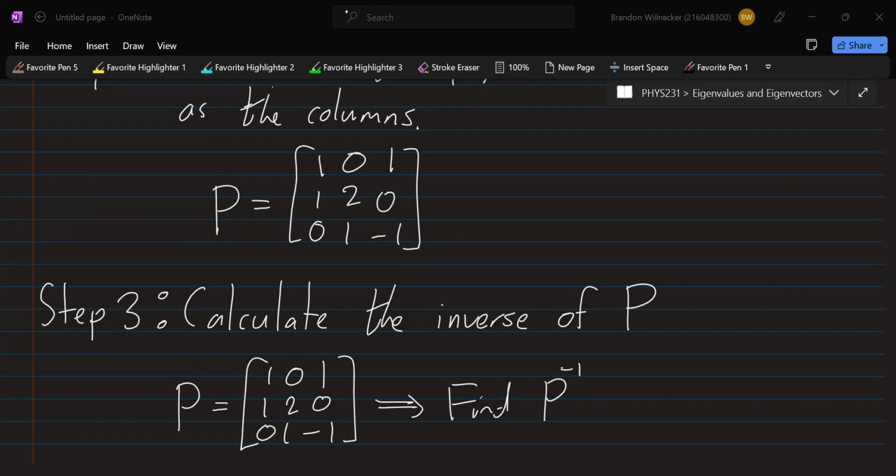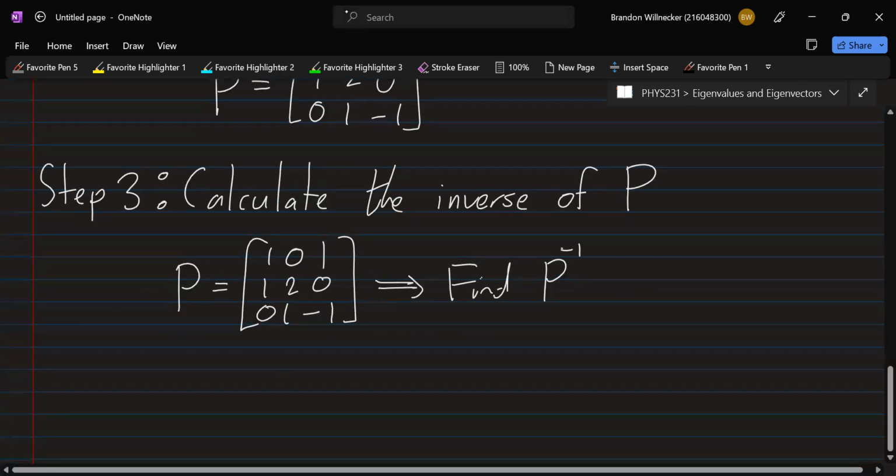The ones in the exercises and assessments can be diagonalized, so P inverse will exist. But if you just make up a matrix, it may not be diagonalizable. So just be a bit careful with that. Step 3, calculate the inverse of P.